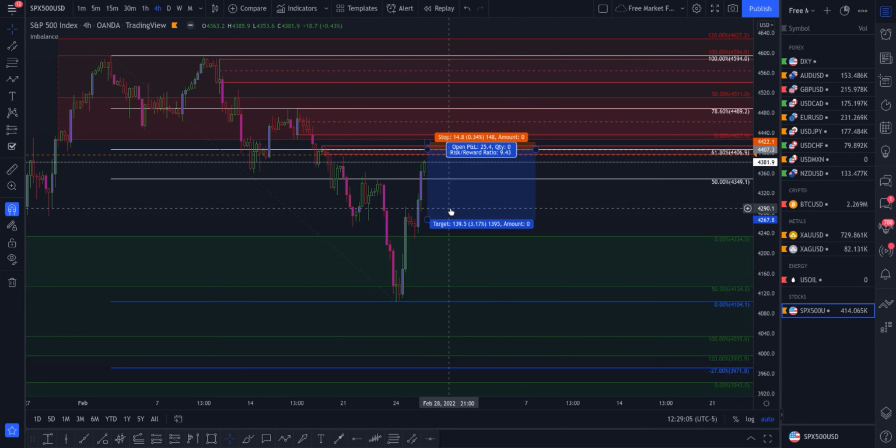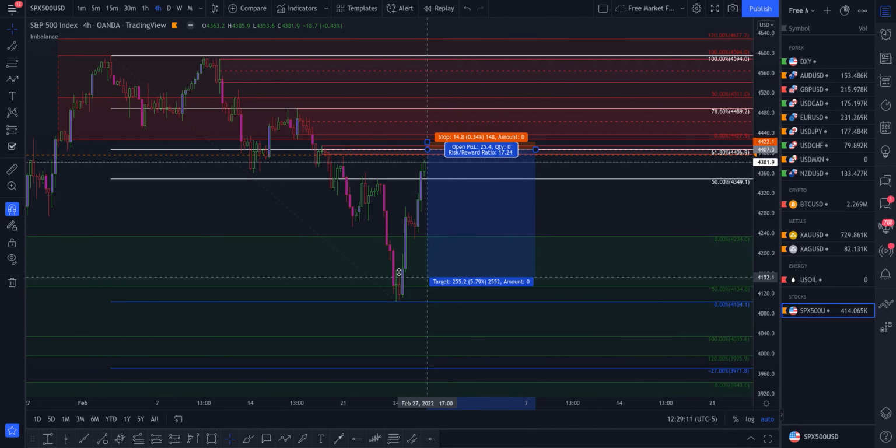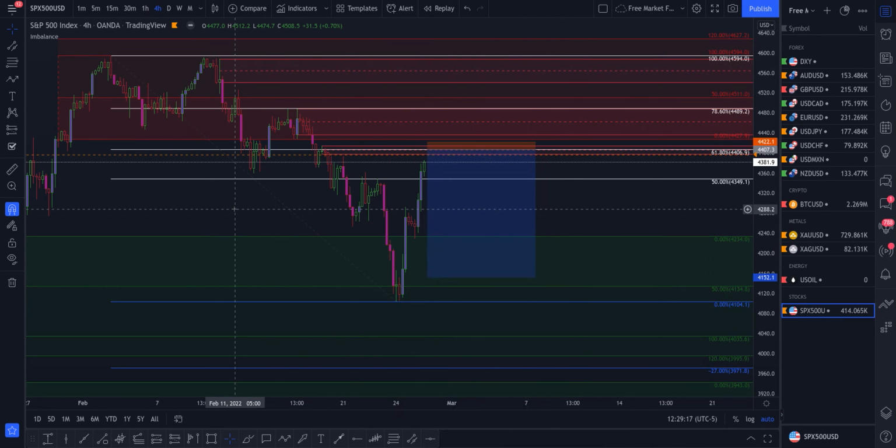Maybe we see this play out, and I'll actually maybe target this imbalance right here, which would give us a 17x trade. All right, so guys, this has been the market analysis as well as some areas of interest for you to possibly look for confirmation to take these various trades.